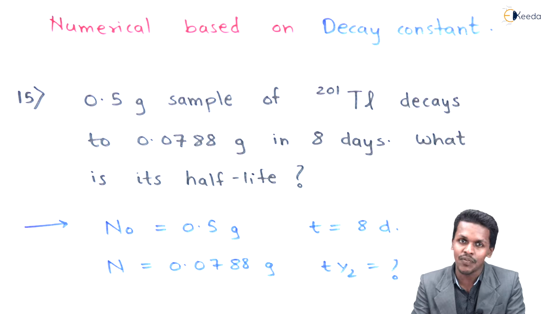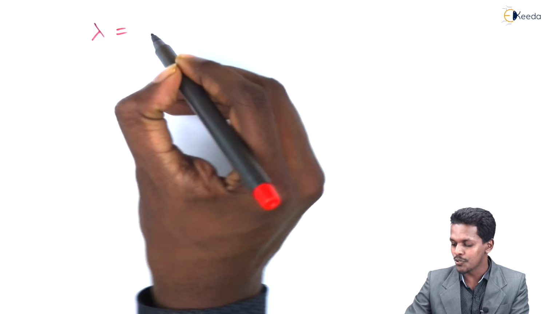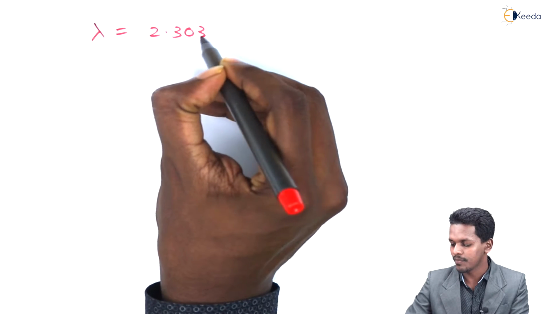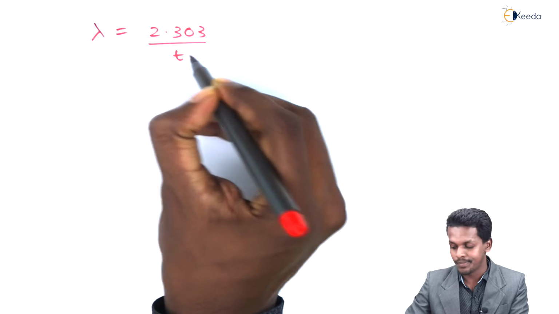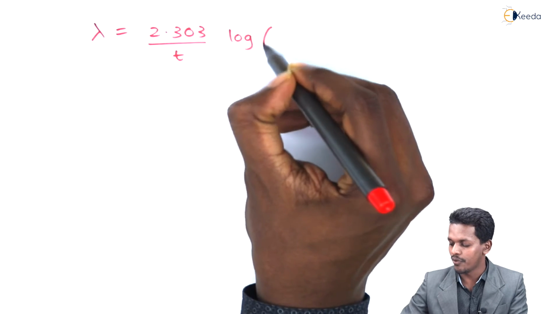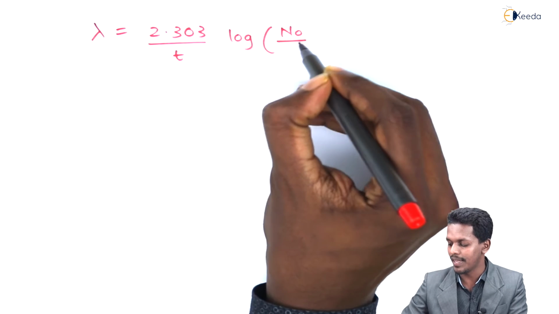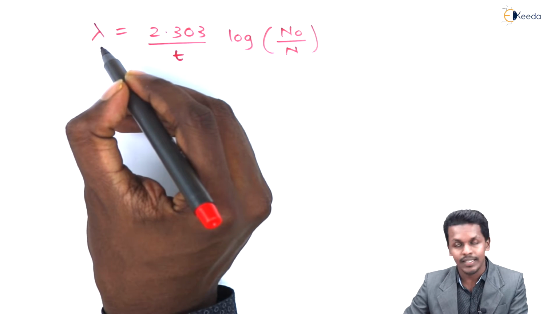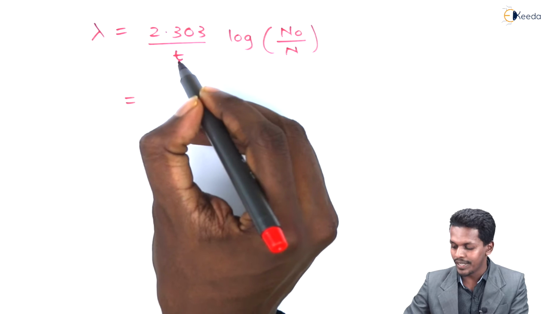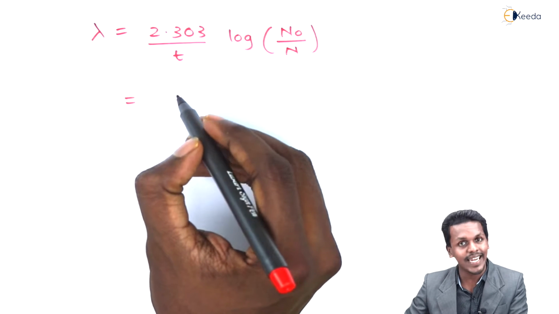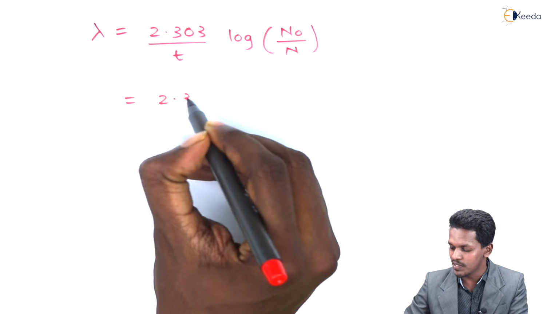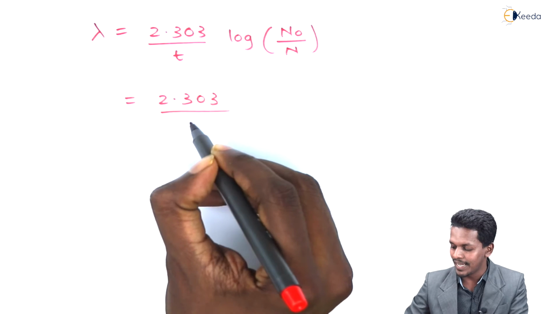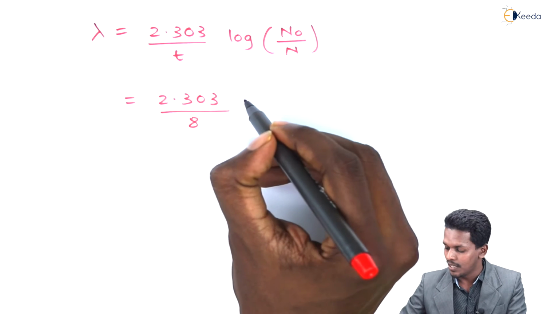So let us first write the formula for the decay constant: lambda is equal to 2.303 divided by time, log to the base 10 of n naught divided by n. Since we have to calculate the decay constant, we already have the time as 8 days. So we will have 2.303 divided by 8 days, log to the base 10.